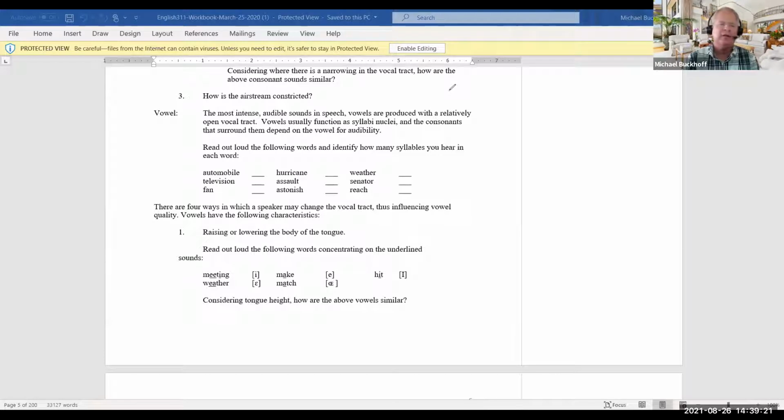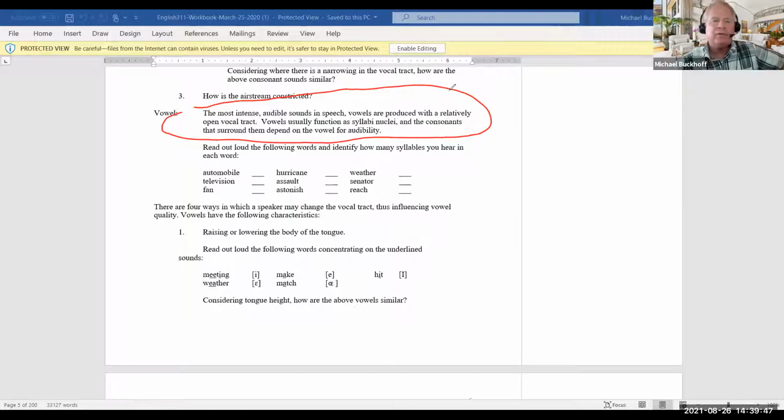So you would say, well, first of all, consonant sounds are produced with some narrowing in the vocal tract. For example, the P and the B sounds, both bilabial consonants, are produced after the lips come together and then the sound is forced out. That's where the narrowing or constriction of the vocal tract is.